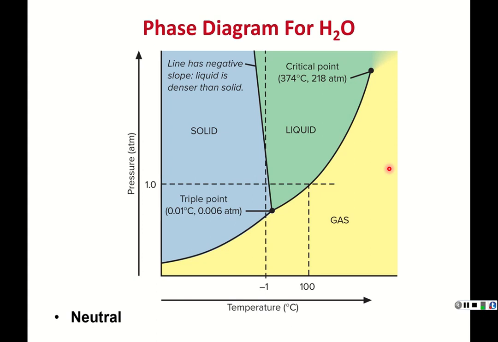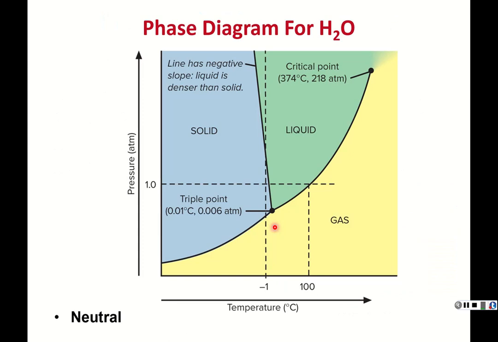Okay. Here is another phase diagram. This time it's for water. And you'll notice some differences here with respect to CO2. One interesting point for water is that the triple point's much lower, but the other point is that this solid to liquid interface actually has a negative slope, and that means that the liquid is denser than the solid.